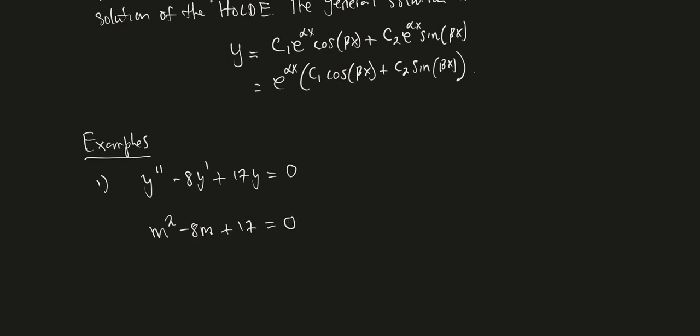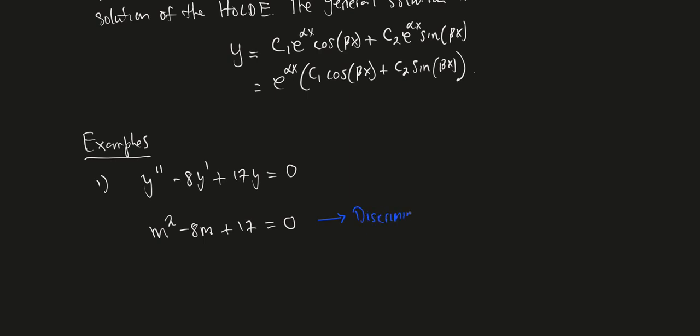And we can't find factors of 17 that add to give us negative 8, for the clear reason that 17 is a prime number, right?